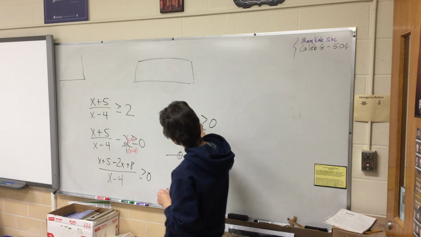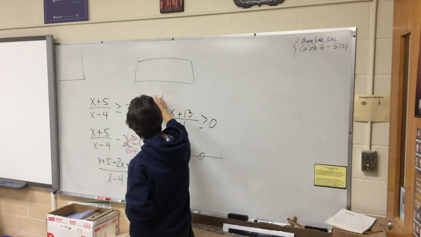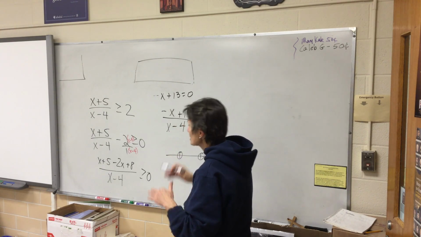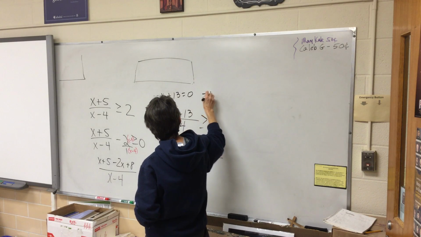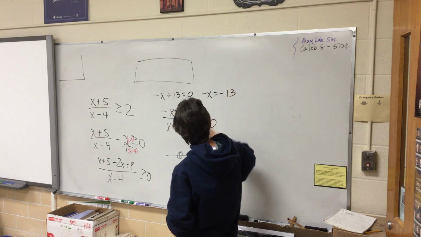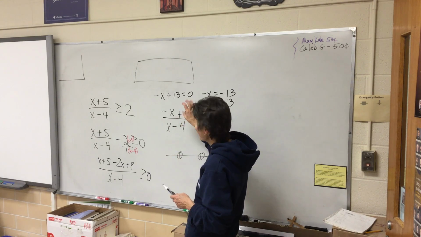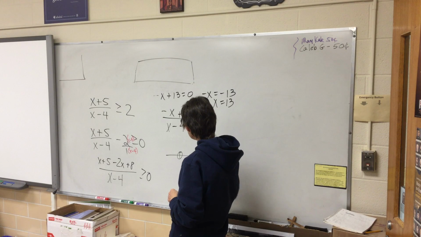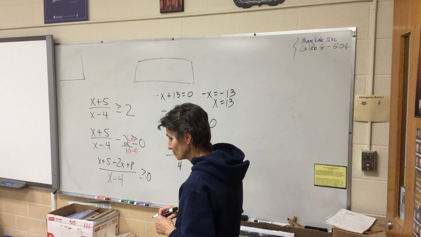If you're a little confused about where to put the dot, just set that equal to 0 and solve it like a regular equation. So that gives me negative x equals negative 13, so x equals 13. So the dot for the numerator is going to go at 13, and the dot for the denominator is going to go at 4.